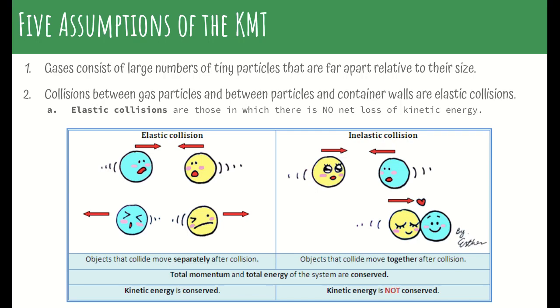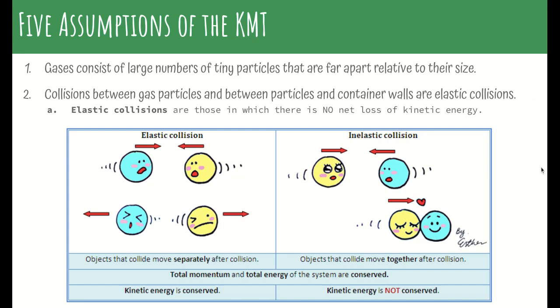You're losing a little bit of that energy to sound energy, probably a little bit of heat energy. Basically, the point being that you can throw a ball at the wall and it's not going to come back at you with exactly the same amount of force, right? Because you're losing a little bit of energy somewhere. But the kinetic molecular theory is saying that the collisions between these gas particles, and when they're applying pressure to the walls of the containers, it's going to be an elastic collision. They're not losing any energy at all.